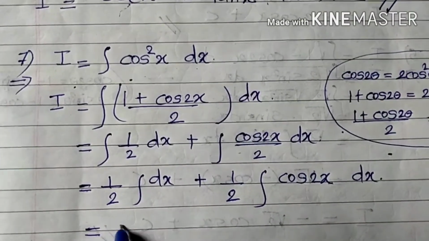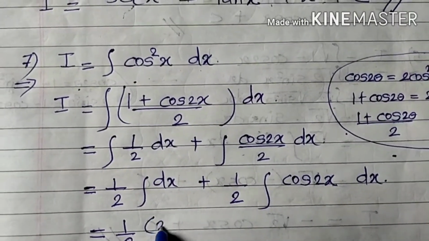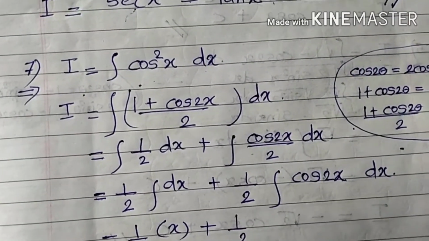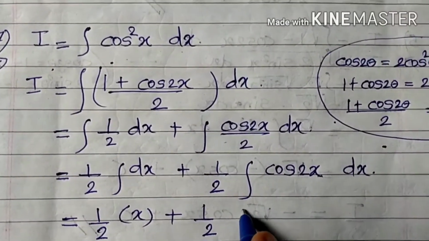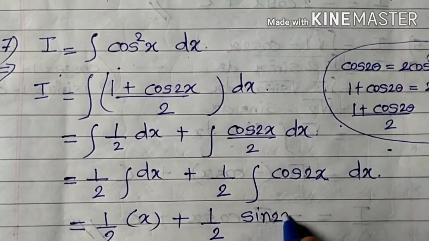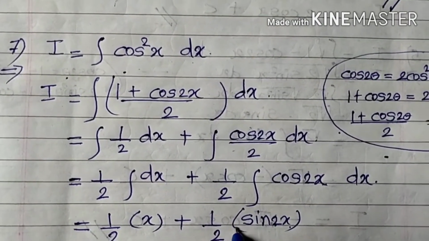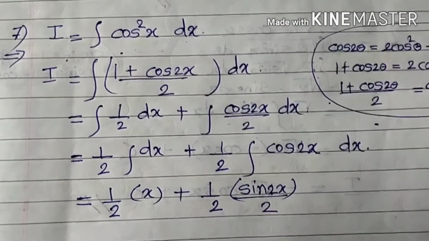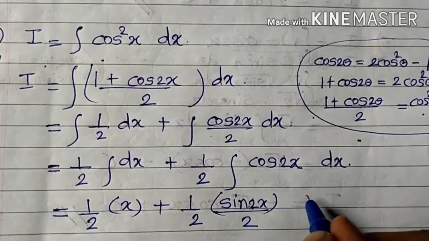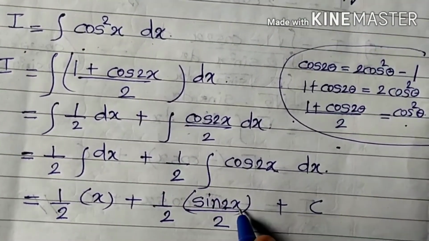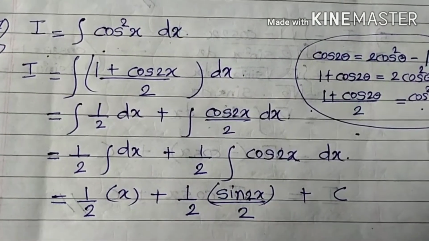Now take the integration: 1 by 2 into x plus 1 by 2. The integration of cos 2x is sin 2x, but here it is multiplied by 2 with the variable, so we divide by 2 when we take the integration, plus c, because it is a constant with the variable.